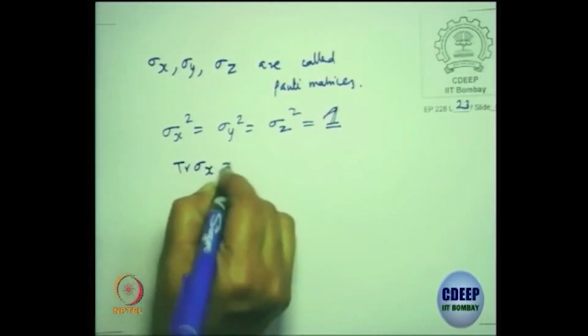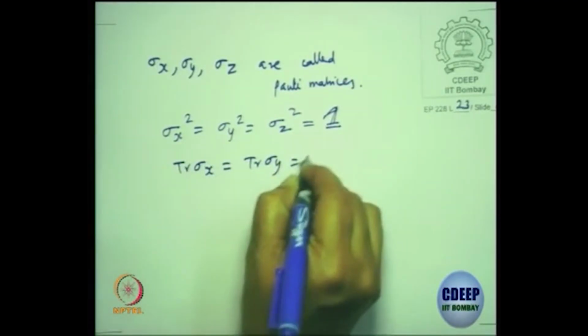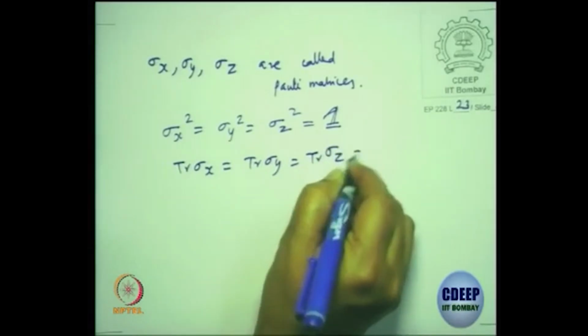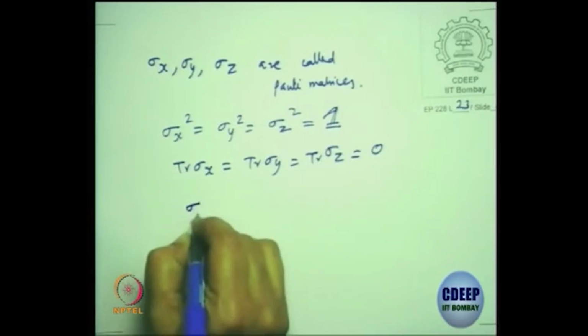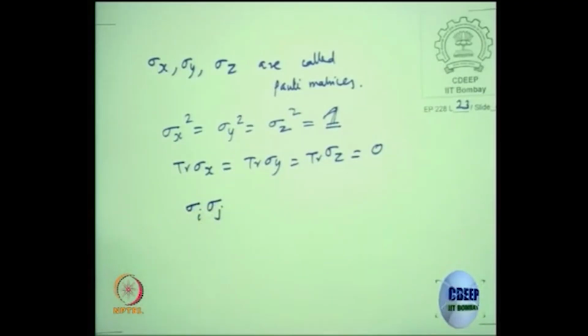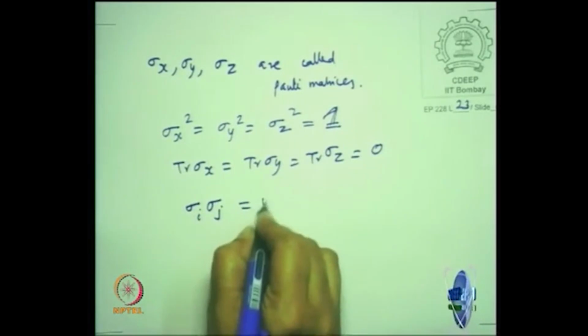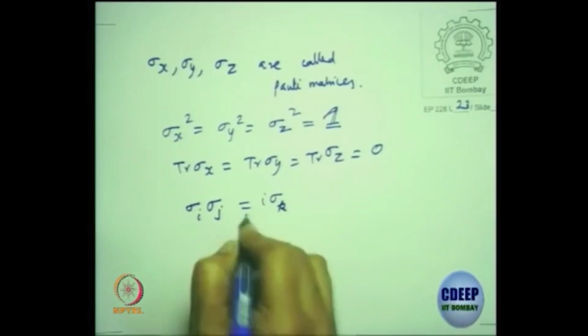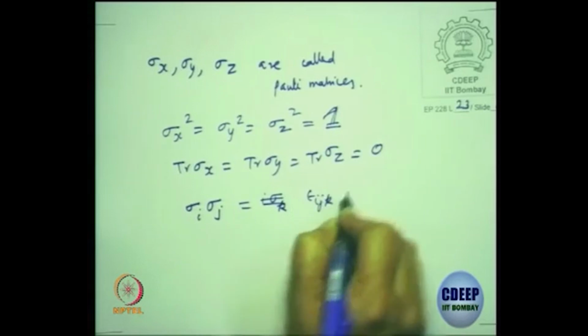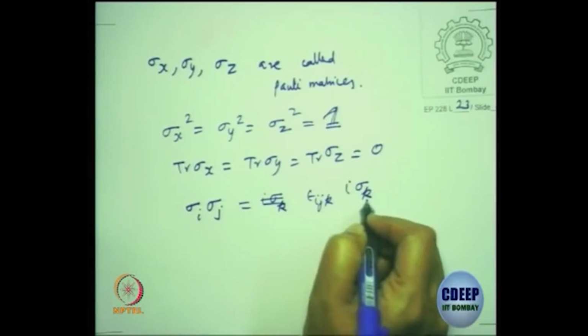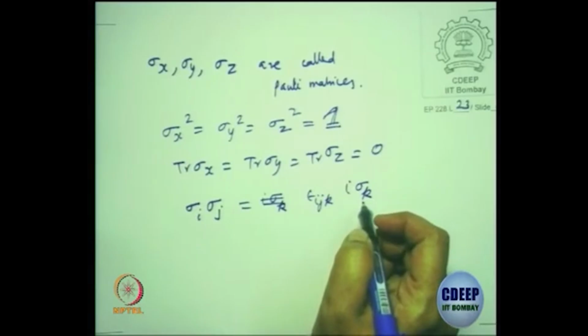Trace of sigma x, trace of sigma y, trace of sigma z is 0. The commutator of sigma i, sigma j is I times sigma k with an epsilon ijk. Sorry, epsilon ijk I times sigma k. Is there an I or it's not there? It's there, right?